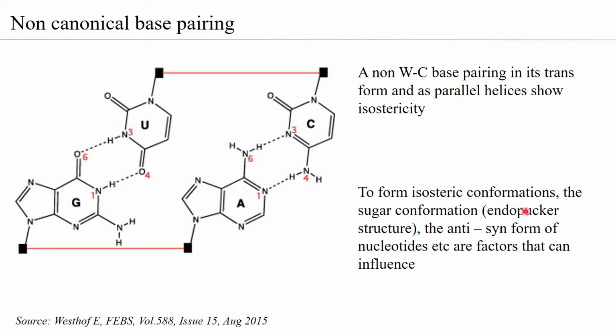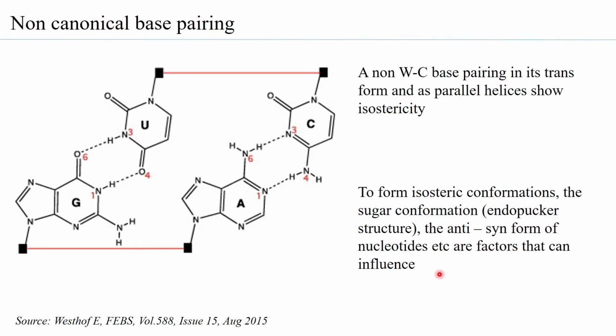So to form the isosteric conformations, what is important is the sugar conformation, whether it is a 3' endo pucker structure or whether it is a 2' endo pucker structure. The spatial arrangement of the nucleotide, especially the purine nucleotide with respect to the base, whether it is in the anti conformation or whether it is in the syn conformation.